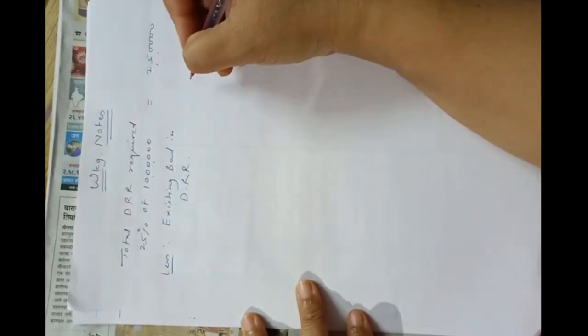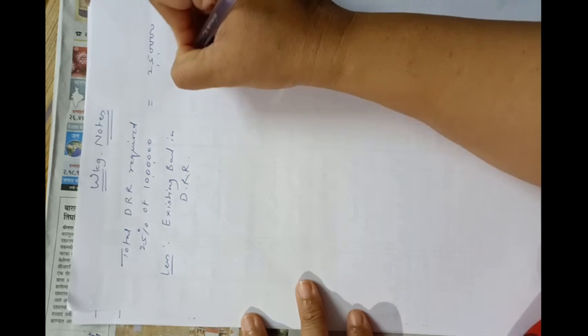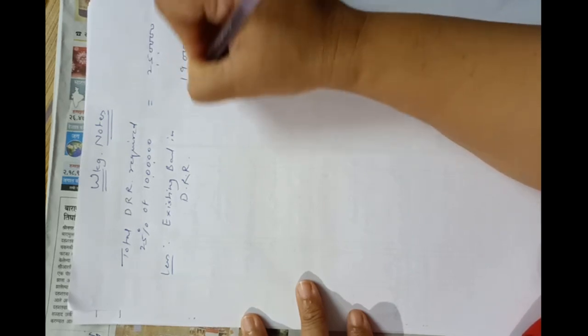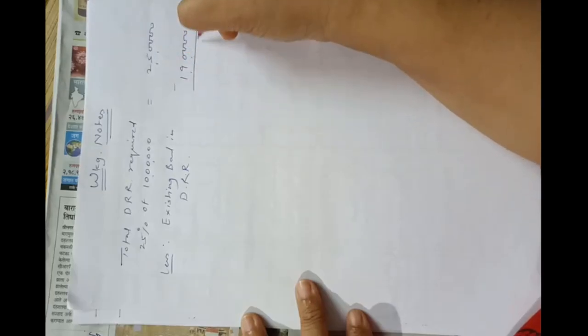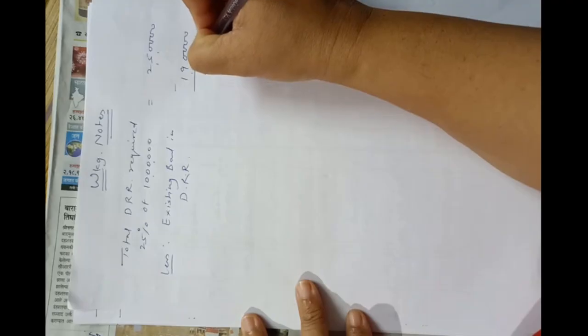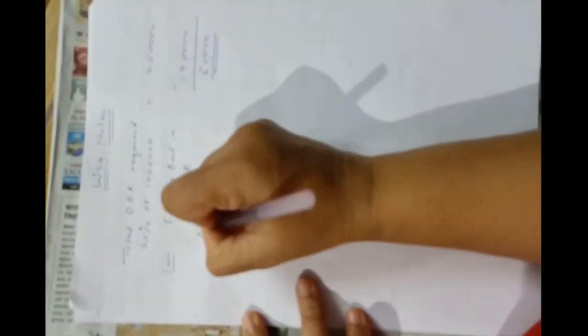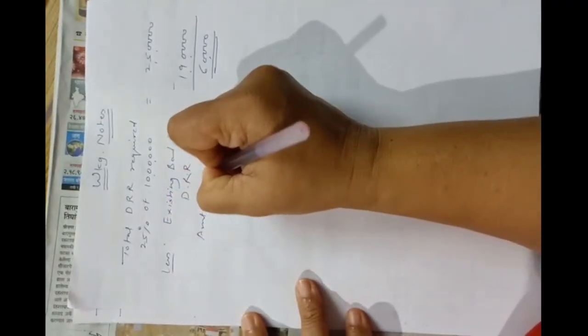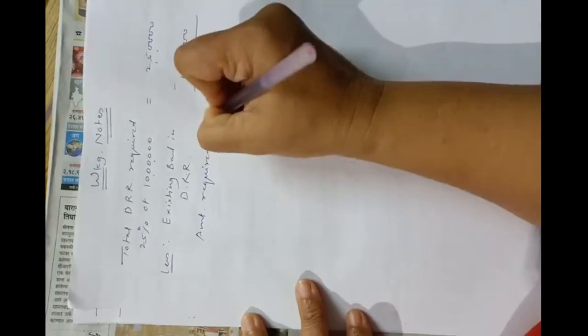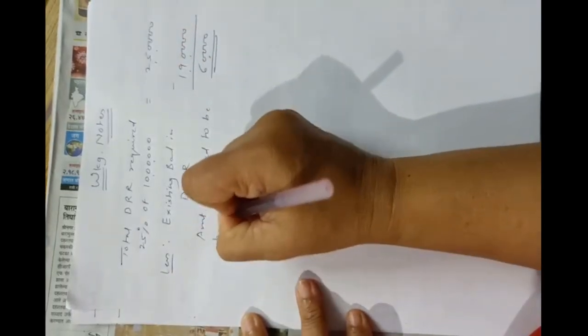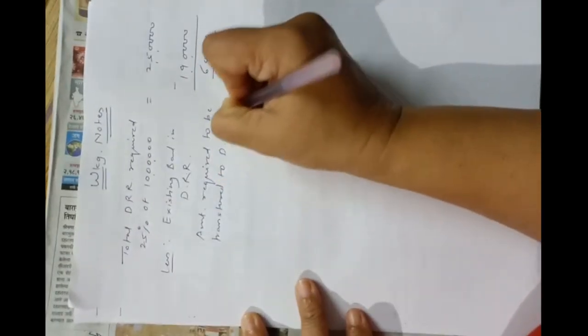They told us that 1,90,000 balance is there in DRR account on 31st March 2017. So 1,90,000 is the existing balance. We will deduct 1,90,000 from 2,50,000. So 60,000 amount is required to be transferred to DRR. So this is the amount required to be transferred to debenture redemption reserve account.